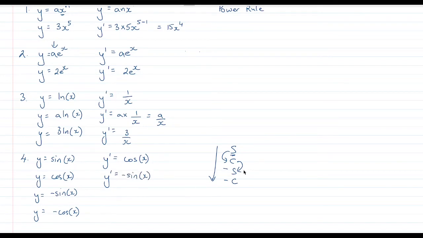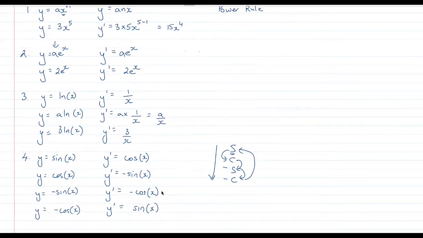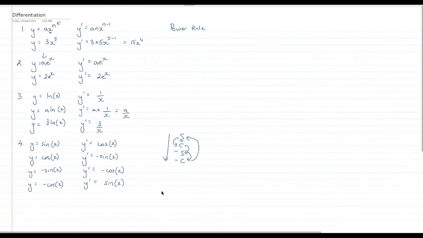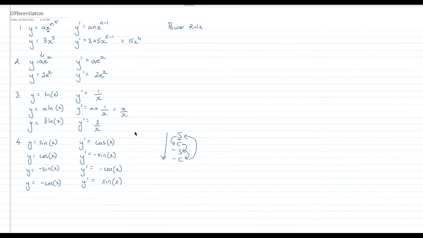For negative sine x, that derives to negative cos x. And for negative cos x, this derives to sine x. So these are the simple derivative rules that you will need to know.